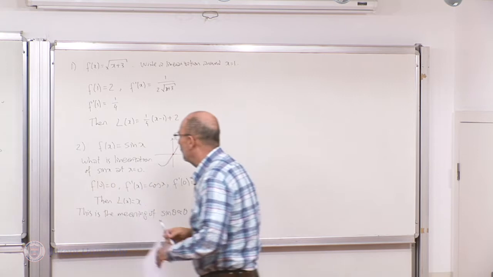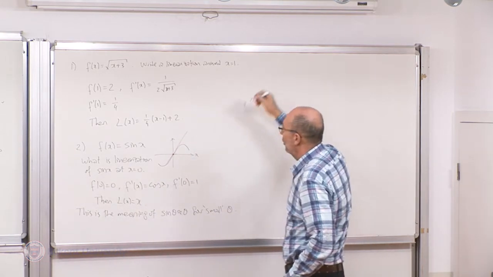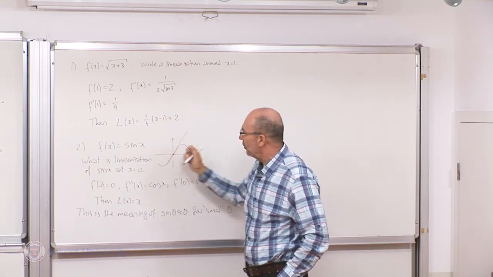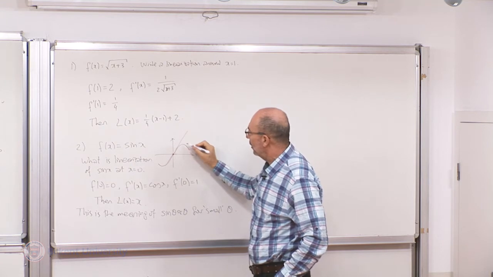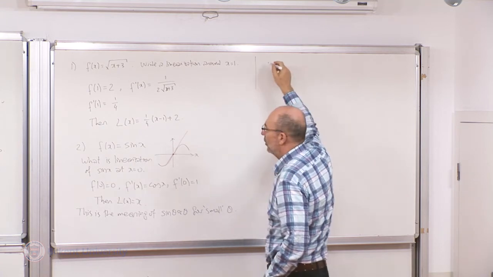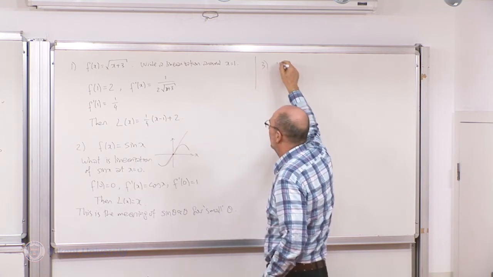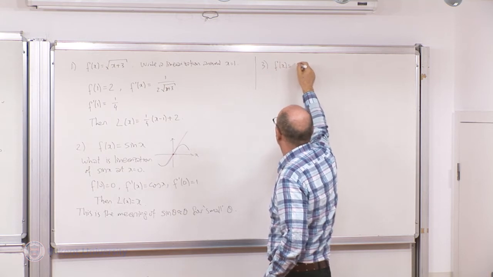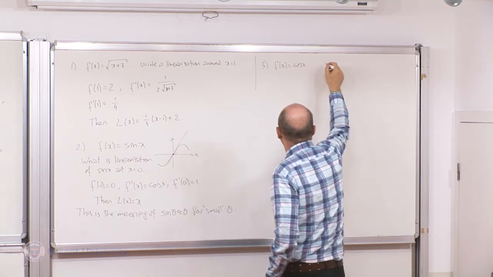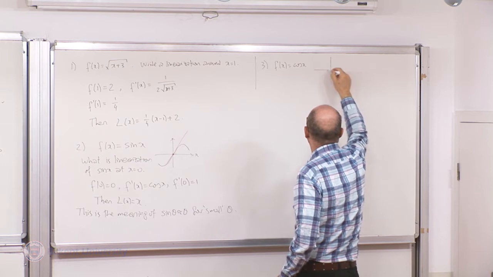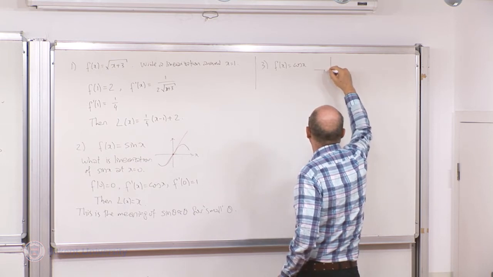Okay, let's do this for cosine x. So cosine x is the graph shifted here. So we'll be looking at this point. f of x equals cosine x. So the graph is something like this. Okay, so let's just look at this part.